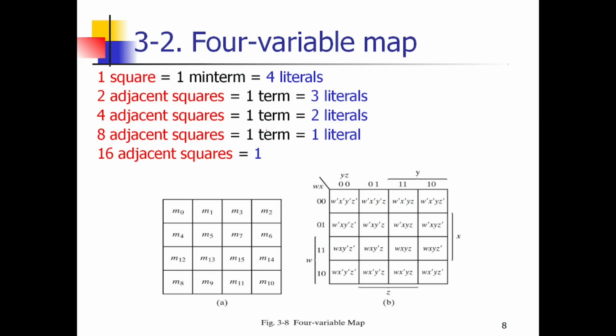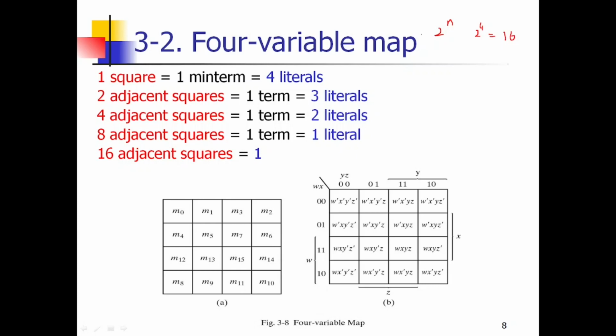Okay, the next is 4 variable K-map. So 4 variable K-map consists of how many cells? 2 power n formula. What is n? Number of variables, 4, right? So what is 2 power 4? 2 power 4 is 16.